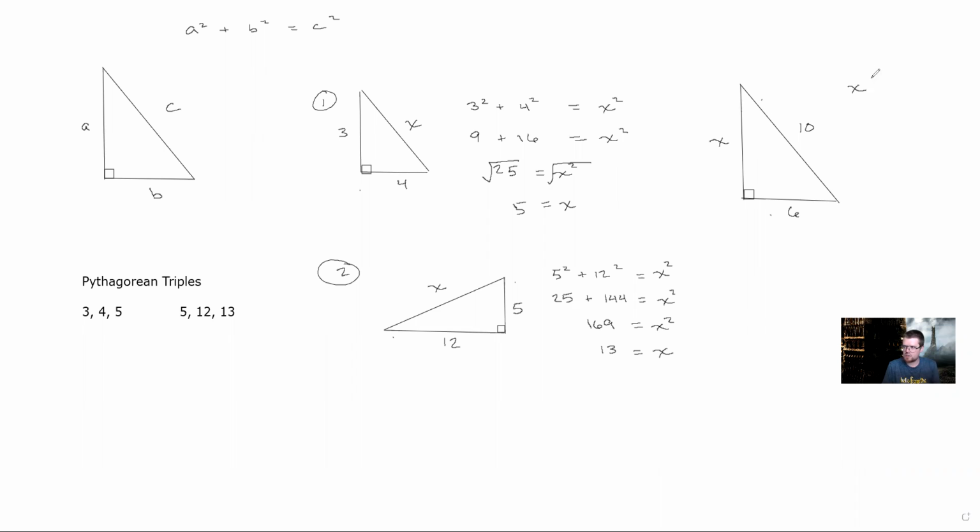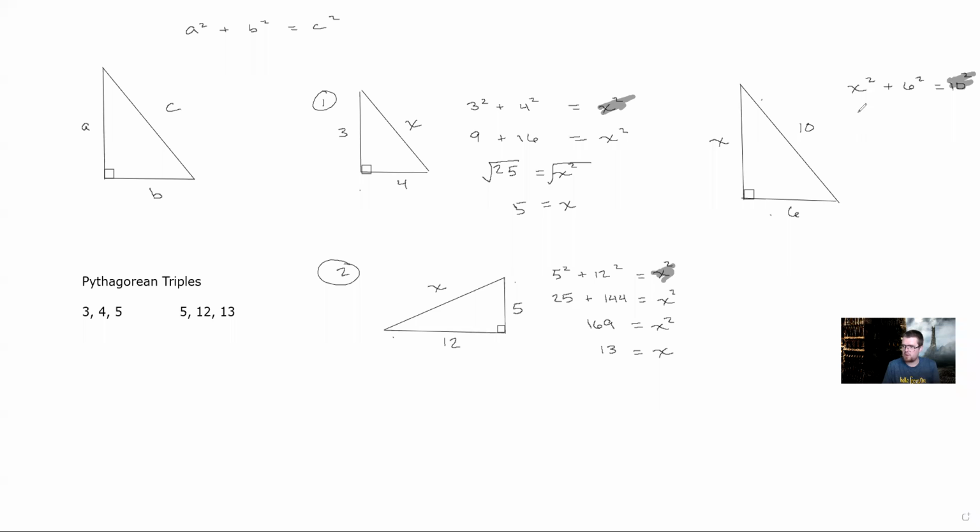This is x squared plus 6 squared equals 10 squared. Recognize that in numbers 1 and 2, we had two legs and we were solving for the hypotenuse. The hypotenuse is always going to be by itself on the right-hand side of the equation, right? It has to be by itself. That's the formula. So whether it's your variable or whether it's a given side, the hypotenuse is by itself.